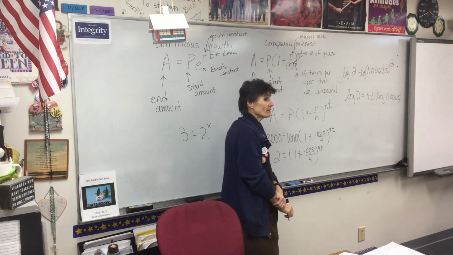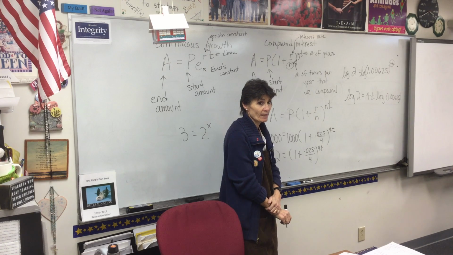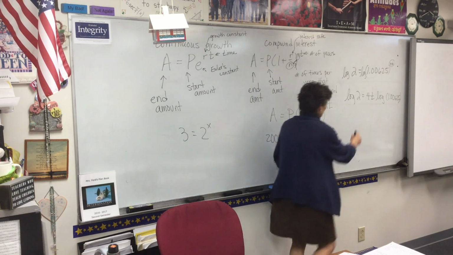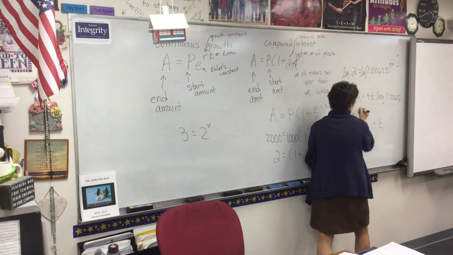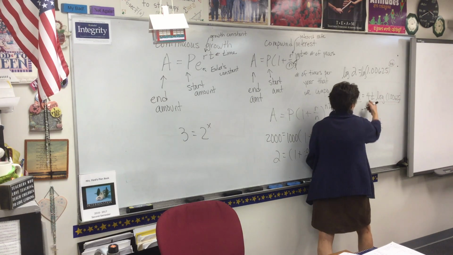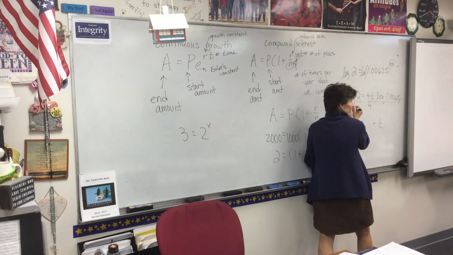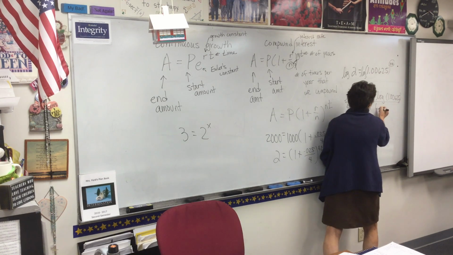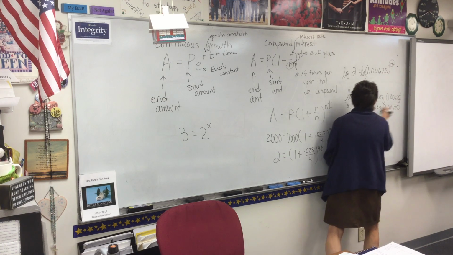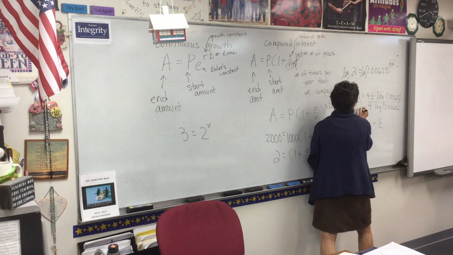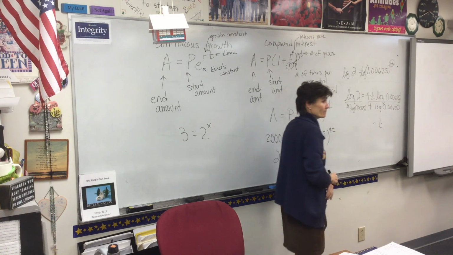Now, what are you trying to figure out? You're trying to find t, right? So if we want to have t, we're going to have to divide by something. We're going to have to divide by the 4, right? And we're going to have to divide by the log. You agree?